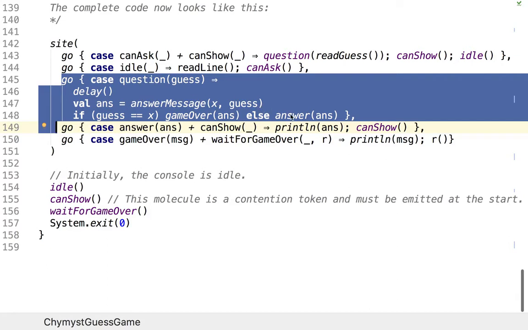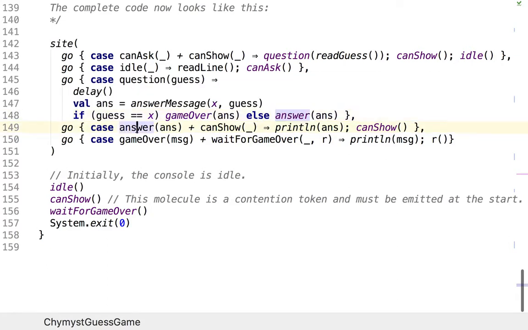And so many copies of the answer molecule could be emitted at once, but only one of them will be printed at once. So this printing is thread safe, so to speak, because this reaction has a contention token. And if the user wants to ask another question, then the contention token will be consumed.